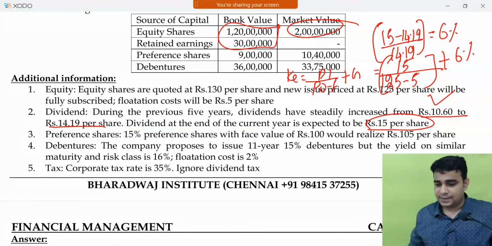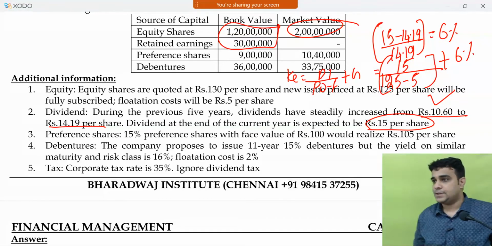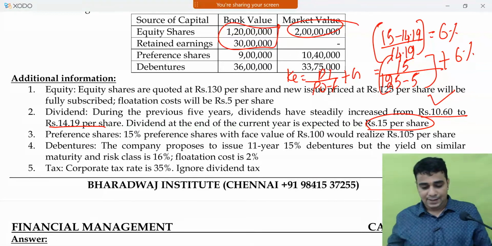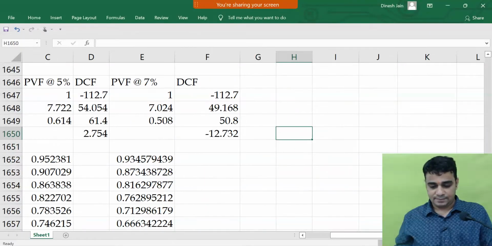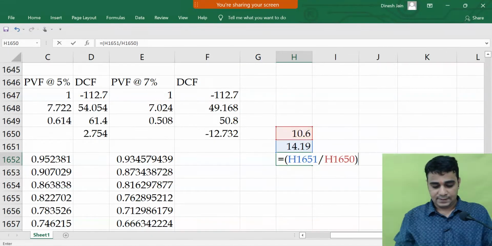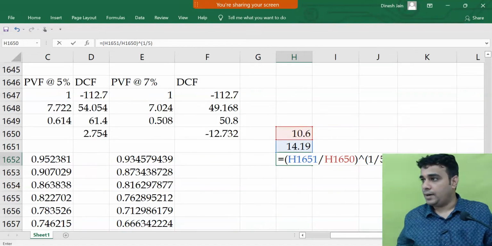The point is that 5.7 is not the past growth rate from 10.6 to 14.19. That's why I told you to do the check. In a practical world, if I have this number, 10.6, and 14.19, this divided by this, I can do power 1 by 5 and all in Excel.